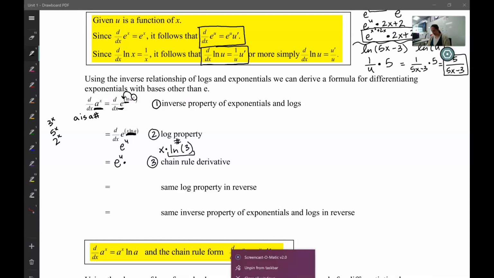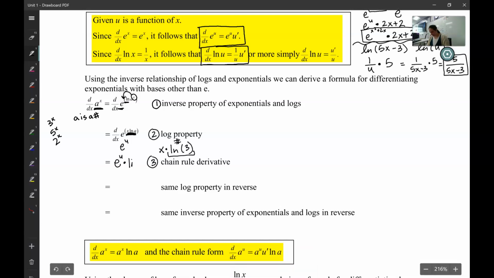So the derivative of that would just be ln of a. And then I'm going to plug the baby back in. So e to the x ln of a times ln of a. Now, step 4, I'm going to do the same log property, but in reverse.